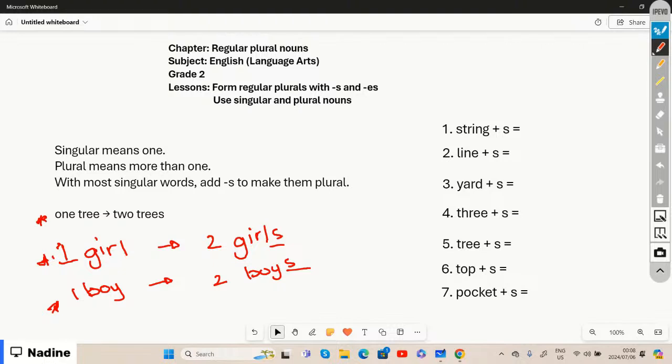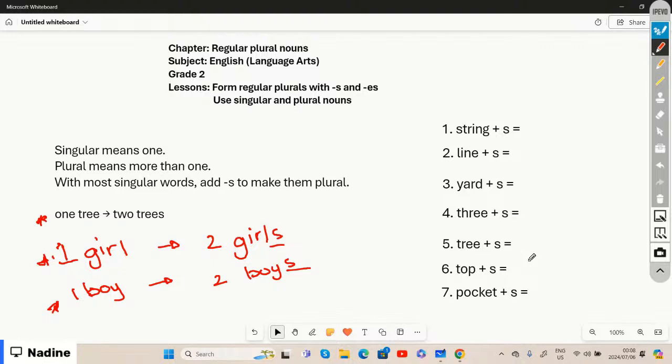So before we go on to more examples of singular or plural words, let's look at this little activity over here. Here we have 7 words. As we can see, we just add an s to that word to change it from a singular to a plural.